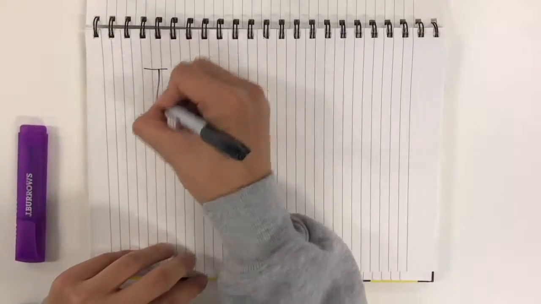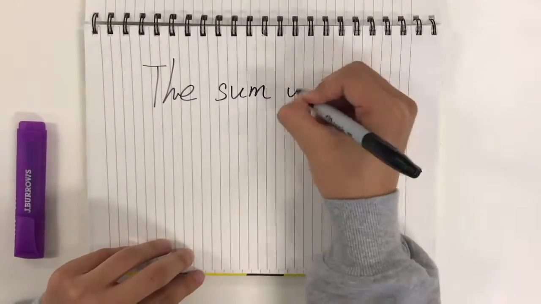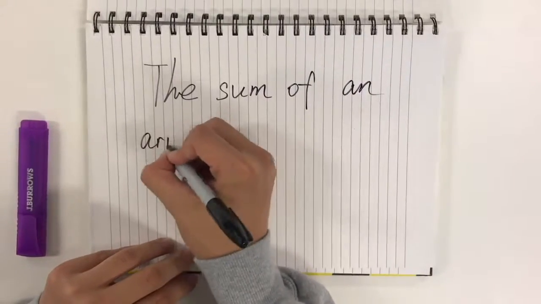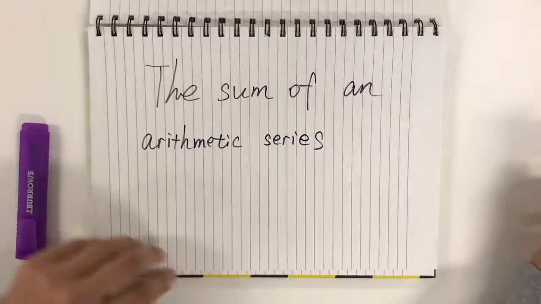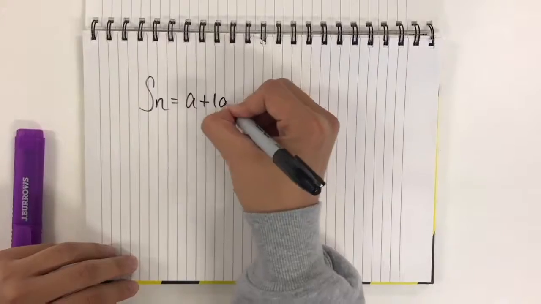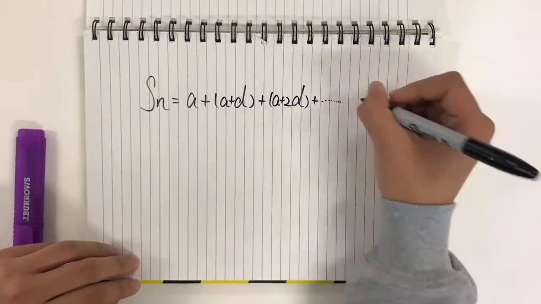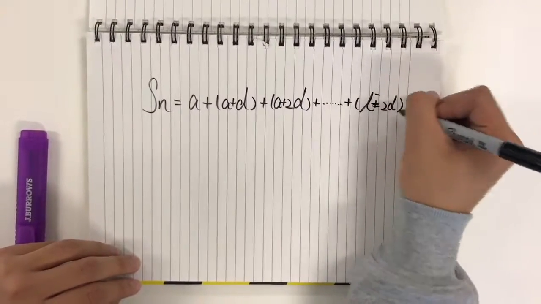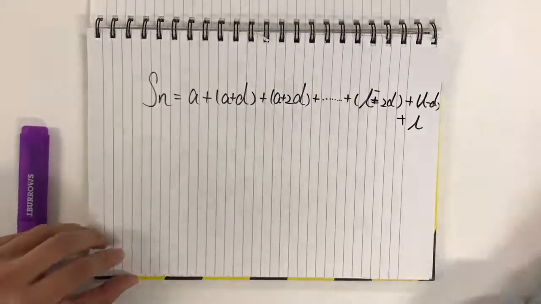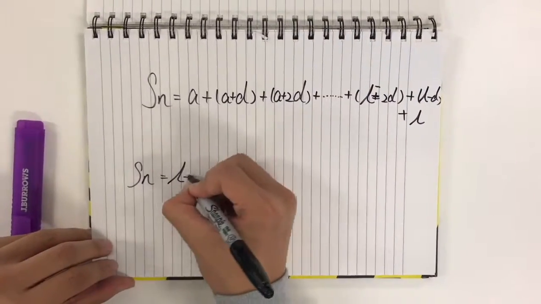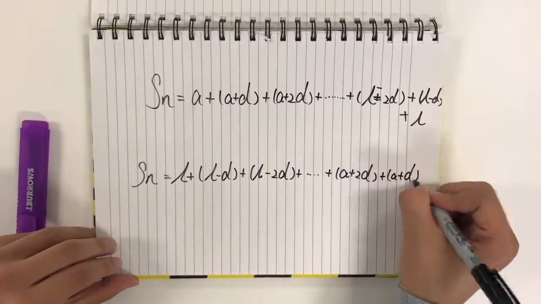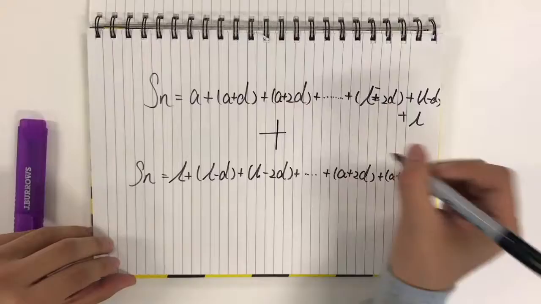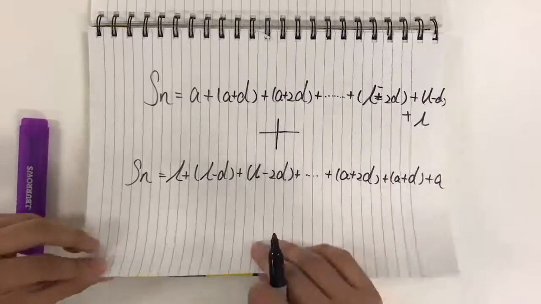Then I will introduce some advanced knowledge called the sum of an arithmetic series. We can know that Sn equals a plus (a plus d), and we keep doing that until the last term. And let's write it in reverse. If we add these two equations together, then the most magical thing happens.